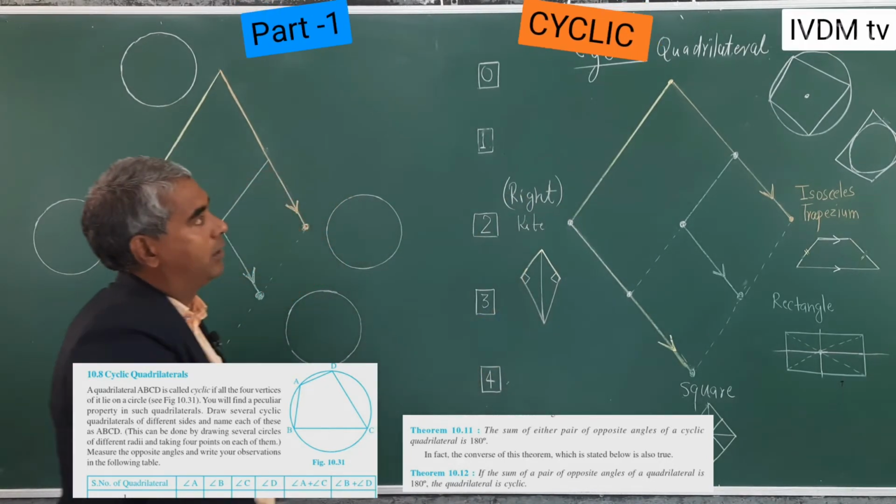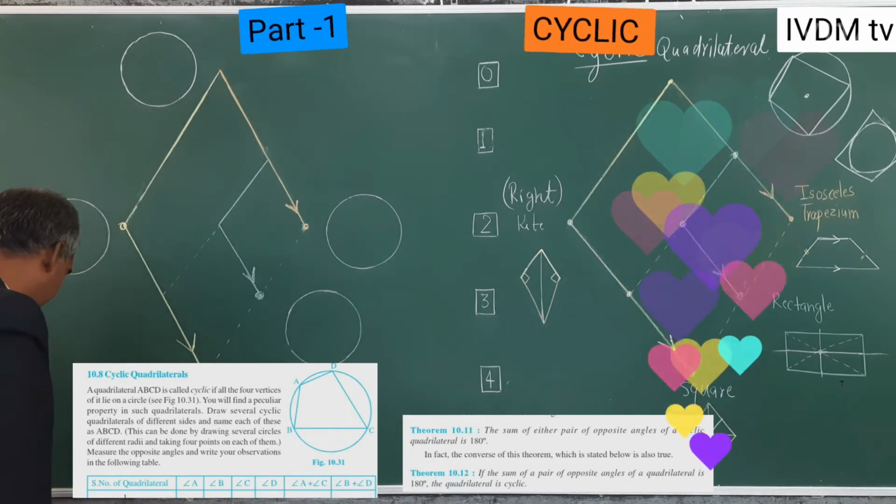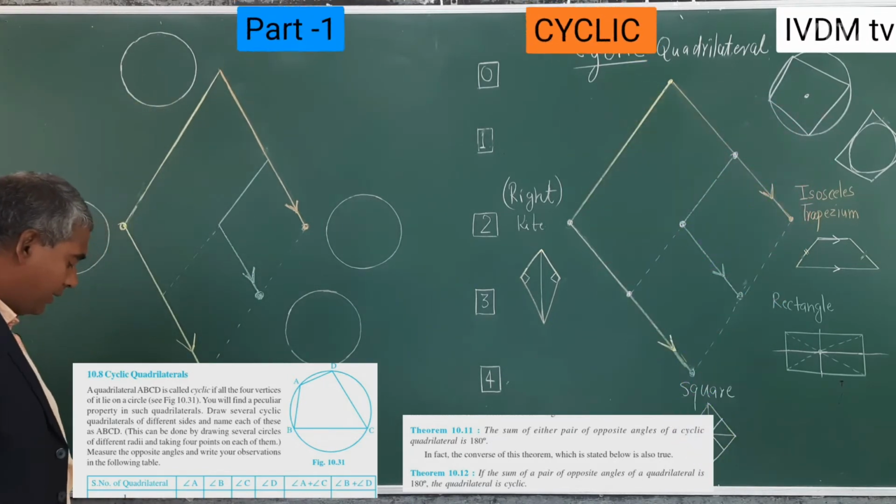Now for the cyclic quadrilateral, the condition is about the circle and the quadrilateral.